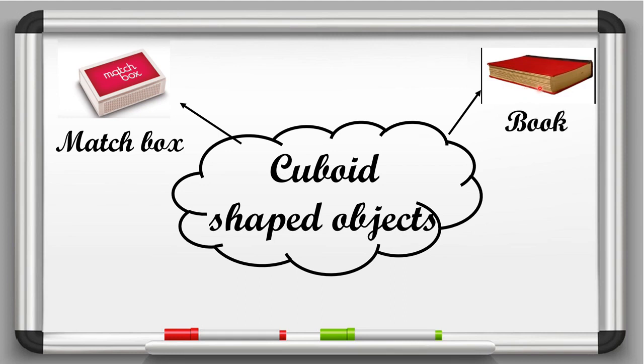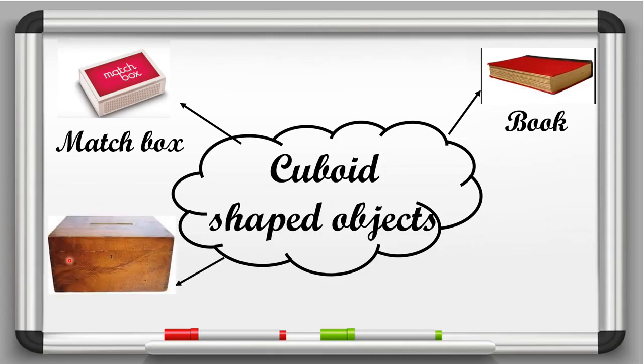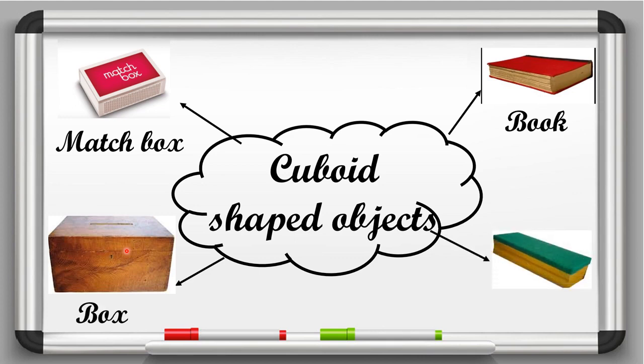This is also of cuboid shape. Okay, next one is, what is this beta? Which object is this? This is a box. Okay, now the next is, yes, can you guess which object is this? That is duster. Okay, yes.